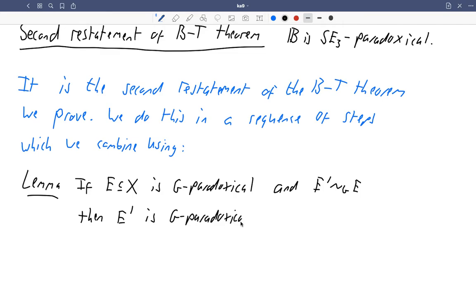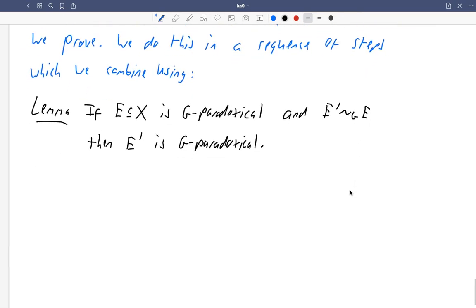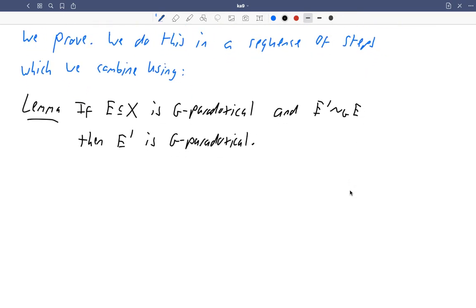So if we establish equidecomposability of two sets, we can transfer the paradoxicality from one set to another. And the proof of this is easy, so this can be an exercise too, once again a very, very optional exercise.